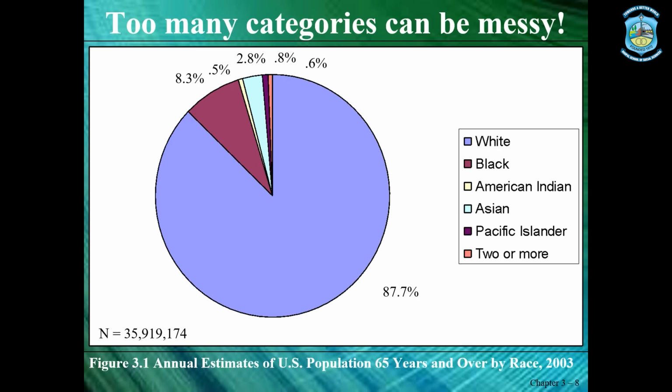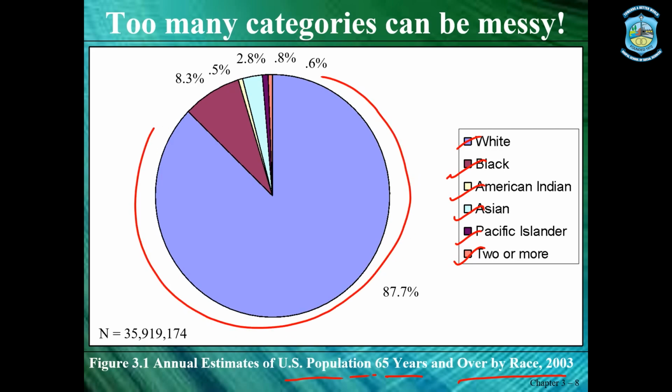So here is a pie chart wherein we have made too many categories, right? This is the annual estimate of the US population of 65 years and over by race. Here we are representing the total American population according to the races.